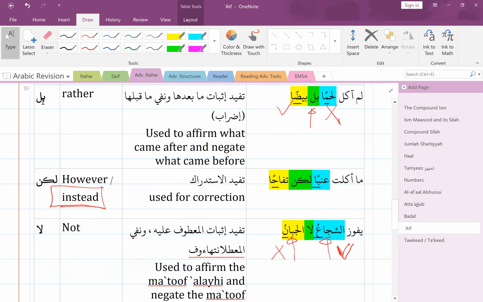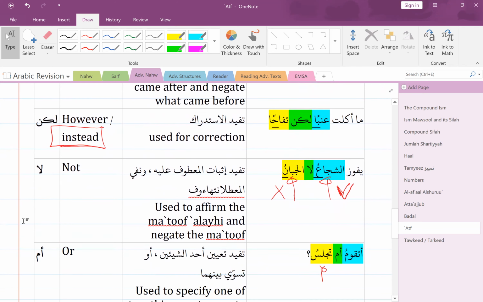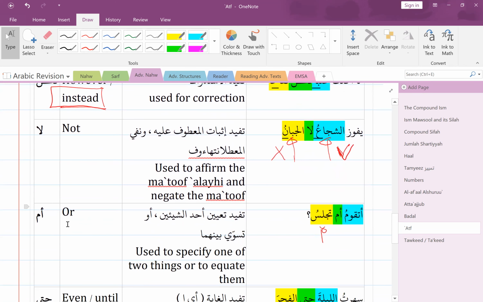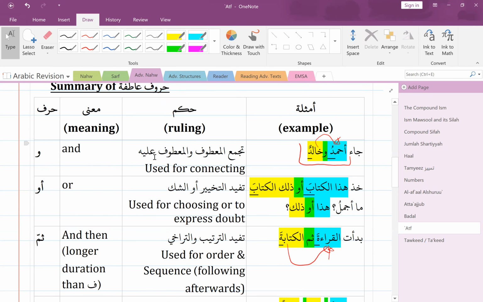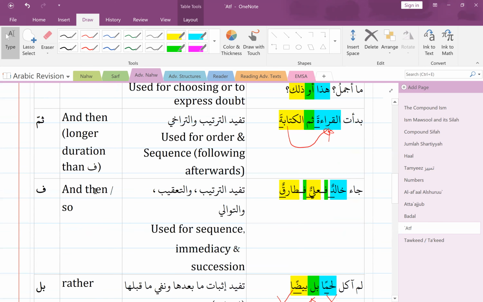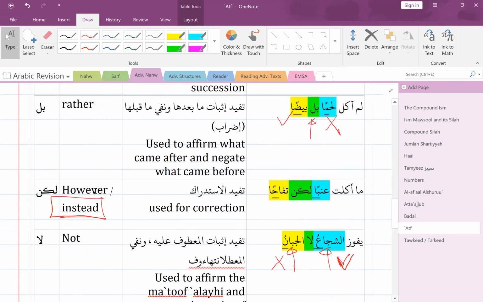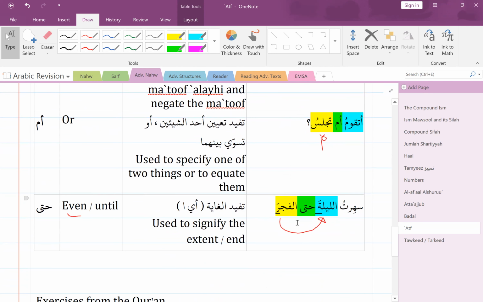Even bal has to be ism mufrad. So bal, lakin, la, and hatta. But these other ones can be sentences, no problem, because we know harf atf, especially waw, we've seen how it can connect sentences. But bal, lakin, la, hatta, it has to be ism mufrad.